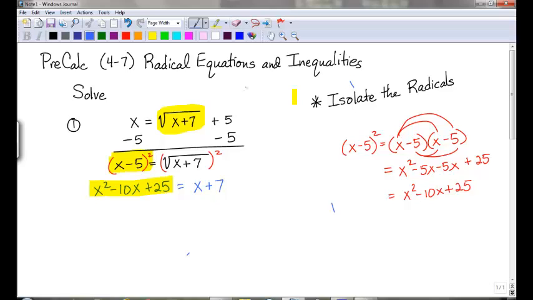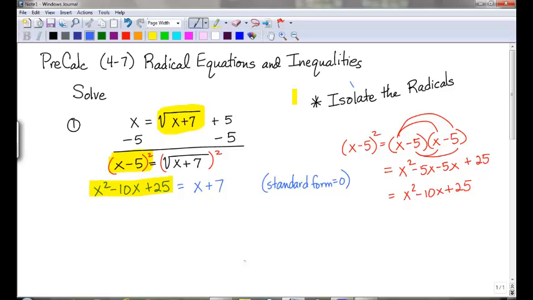Then you need to get it in standard form equal to 0. And you may want to put that down as a note. You're getting it in standard form equal to 0. That's the next step. So basically I'm subtracting an x, I'm subtracting a 7. If you're at that stage where you can do it by sight, I'm fine with that.